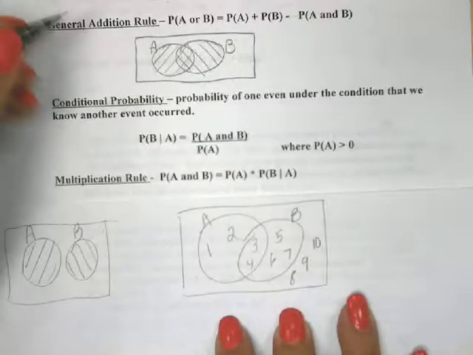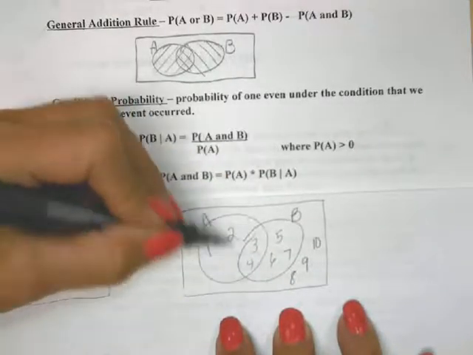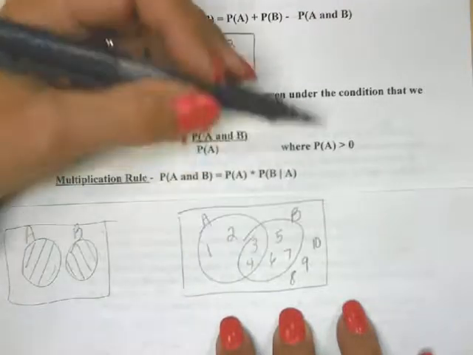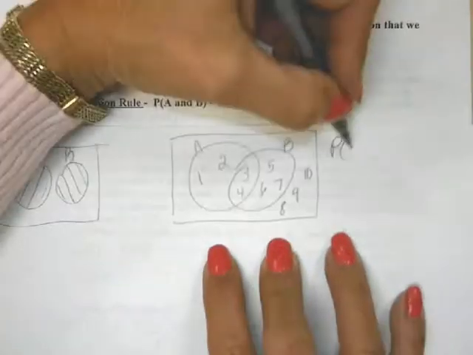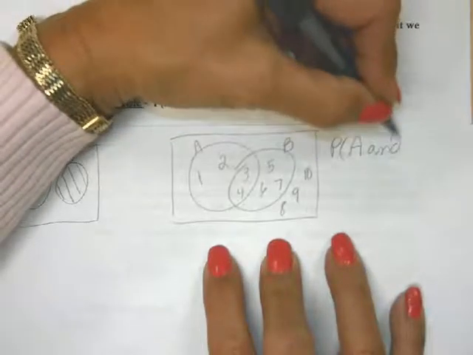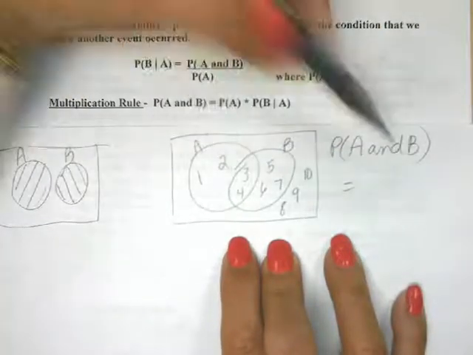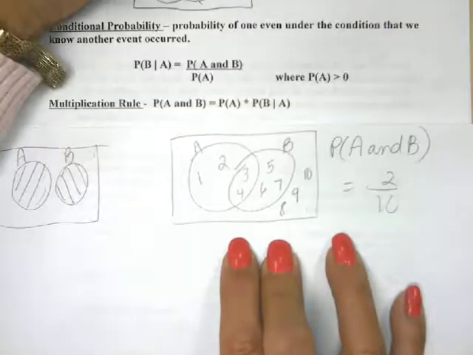And so I have 10 numbers. And we know set A is the set of 1, 2, 3, 4. Set B is the set of 3, 4, 5, 6, 7. And so if I asked you what's the probability of having A and B happen at the same time, we would literally just count. There are two ways for that to happen out of 10 whole numbers in the sample space, and so we'd say it's 1/5 or 20%.